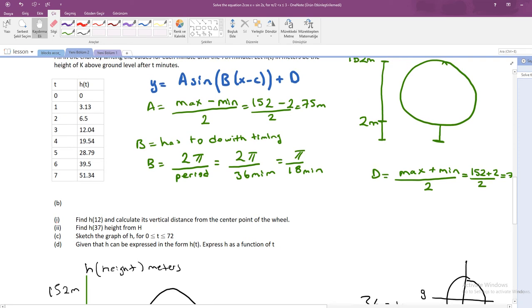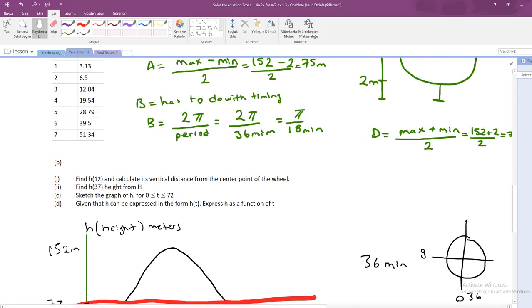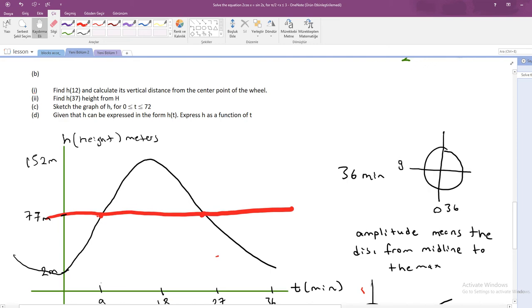But it is from where? From the ground. So we are asked, what is the vertical distance from the center point of the wheel? Vertical distance.